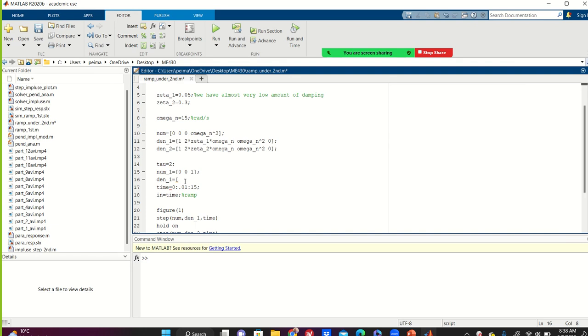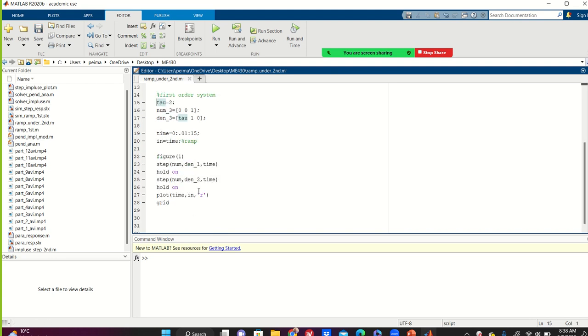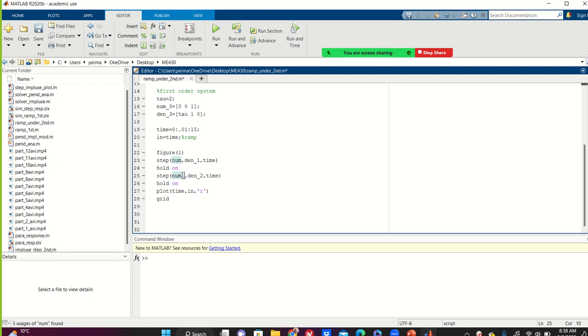And it's going to be tau, and it's going to be 1 and 0. If you got your notes, you see that. And I'm going to make it 3 because I already have it. This is for the first order system. Now I'm going to plot them against each other.